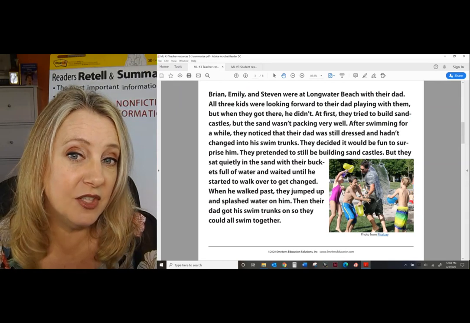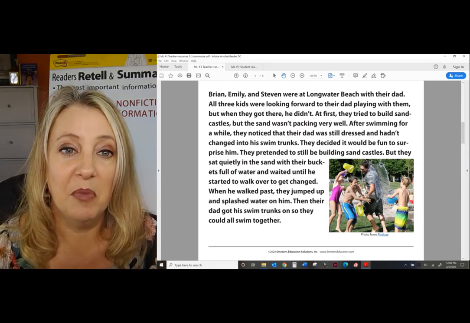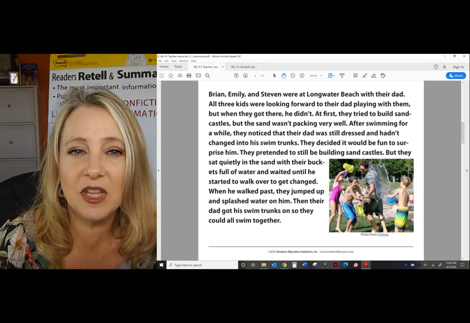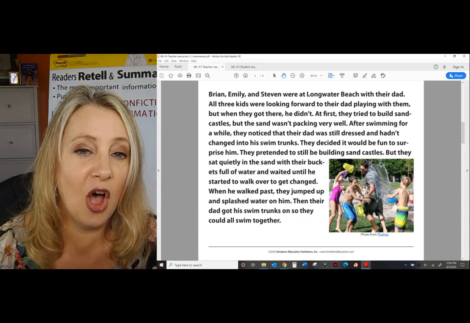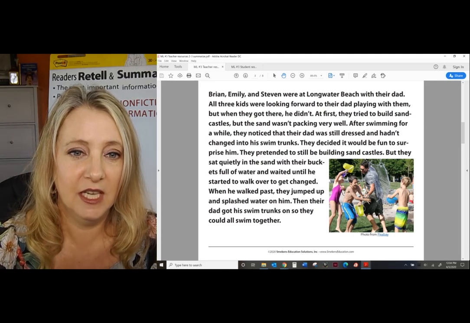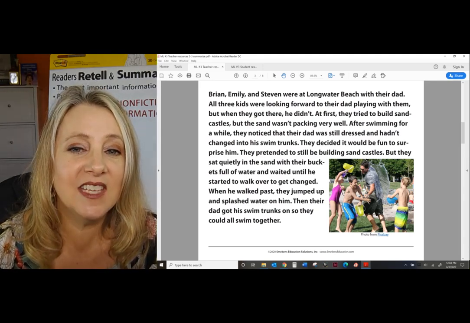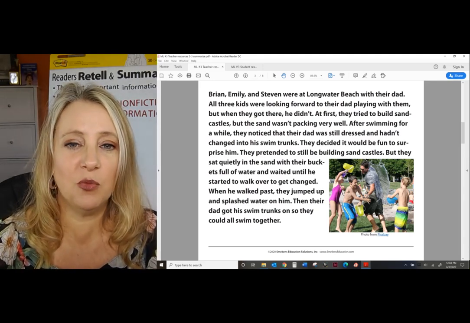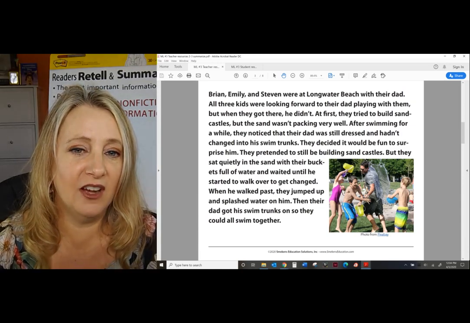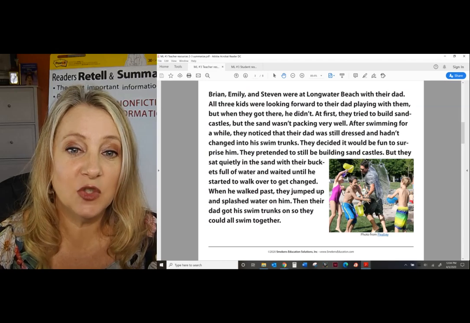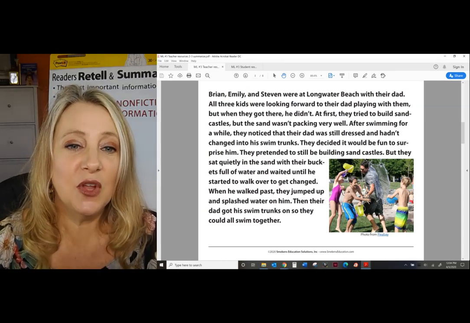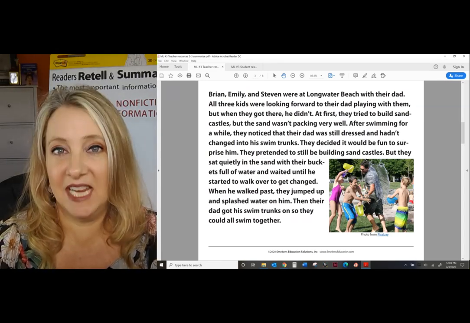They pretended to be building sandcastles, but they sat quietly in the sand with their buckets full of water and waited until he started to walk over to get changed. When he walked past, they jumped up and splashed water on him. Then their dad got his swim trunks on so they could all swim together.